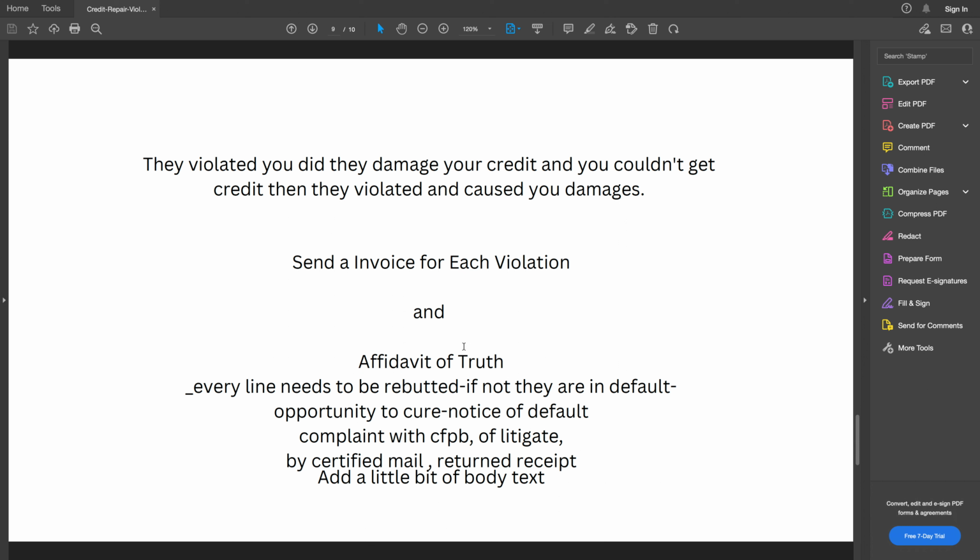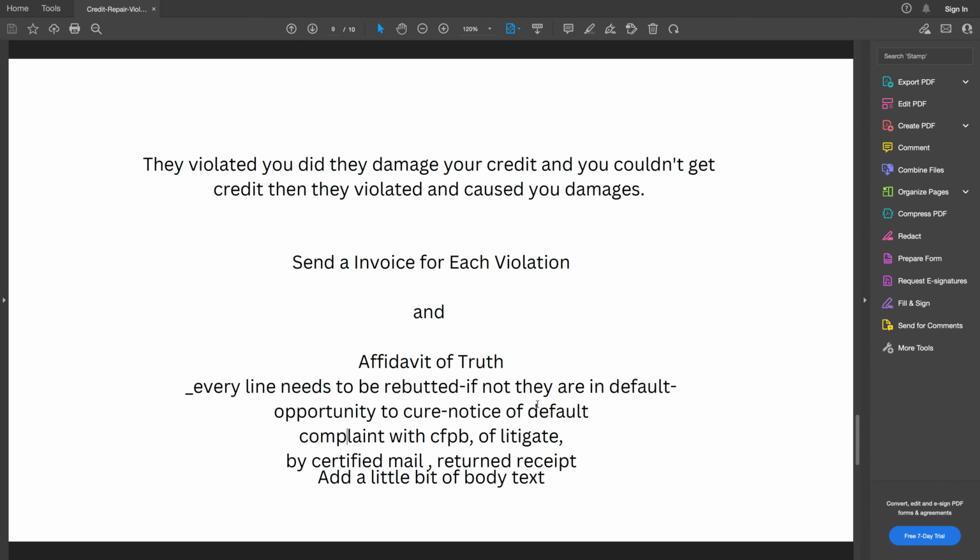Okay, so then you can do that. Then if they don't rebut it, you can send them another letter, an opportunity to cure. And if they don't do anything, then they don't fix it, right? Then you can give it like 10 days for each one if you want it to go fast. Then after that, notice of default.